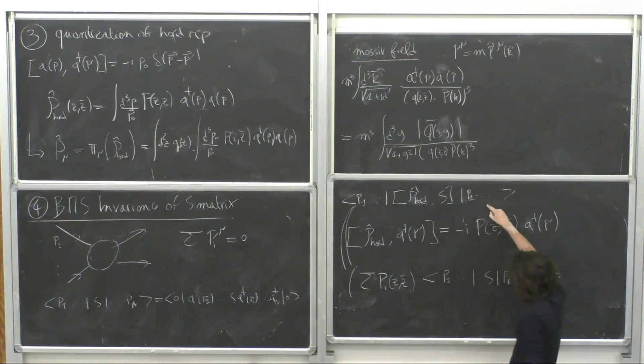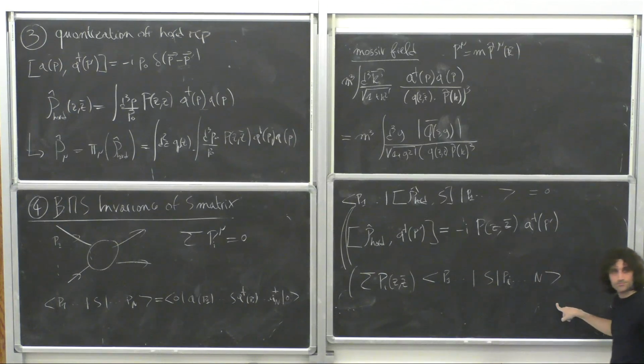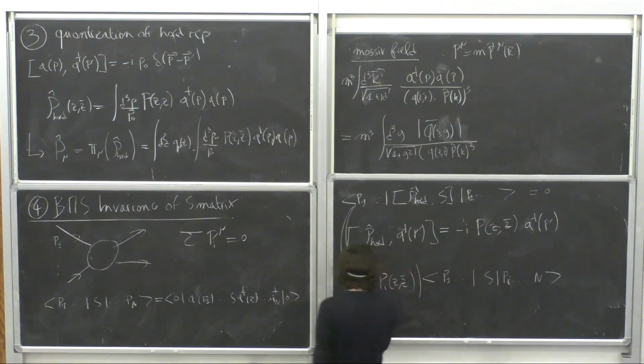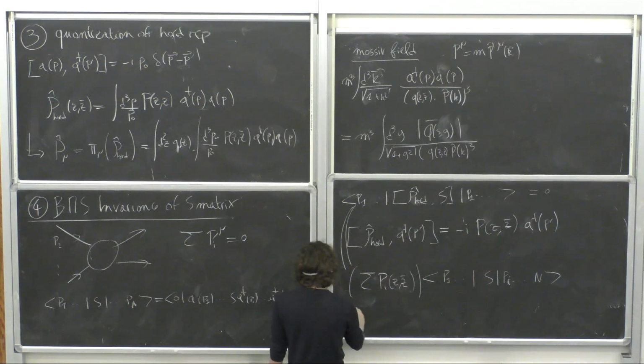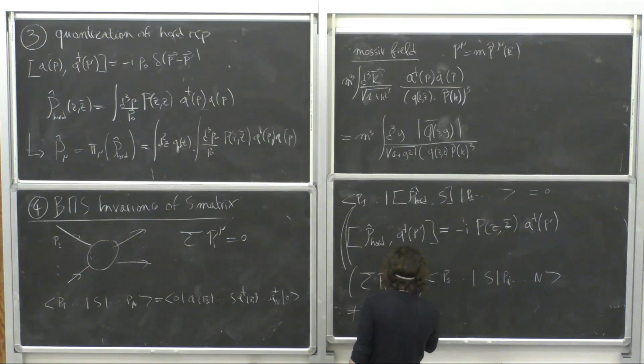We would like to say that BMS symmetry is a symmetry, but just from what we started, it cannot, because this is non-zero. This is trying to impose conservation of supermomenta, but this is non-zero. This gives you precisely Weinberg's soft factor.